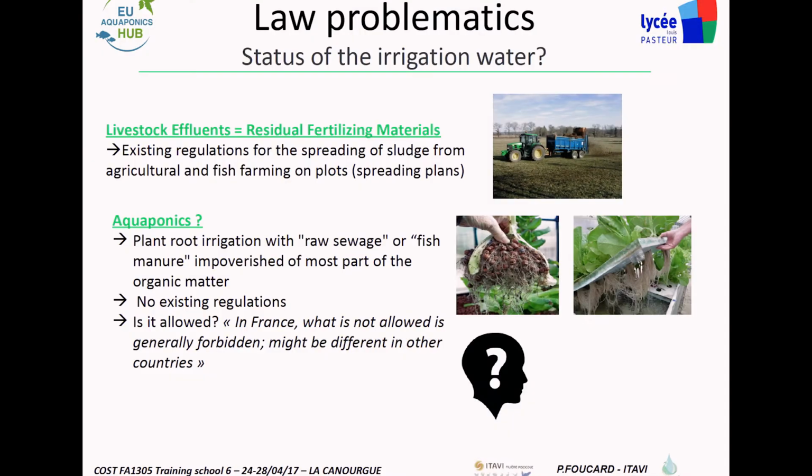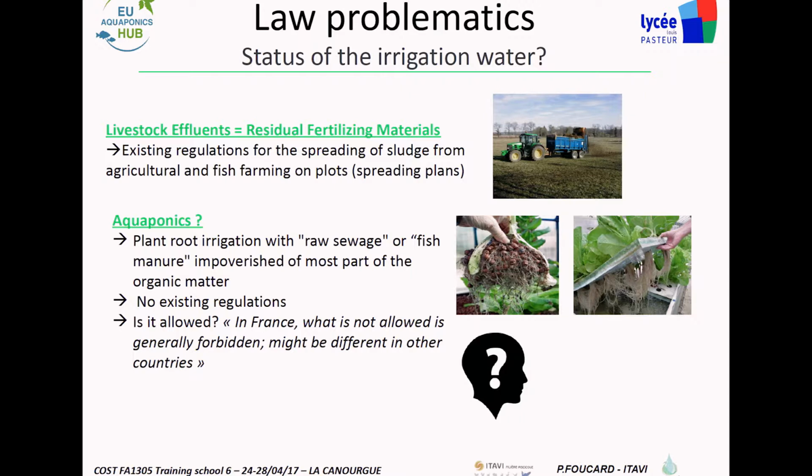And then about the status of the irrigation water, we can ask ourselves the question: do we have the right to sell products that are grown in livestock effluents? There is existing regulation for spreading sludge in agriculture and fish farming sludge on plots with spreading plants.